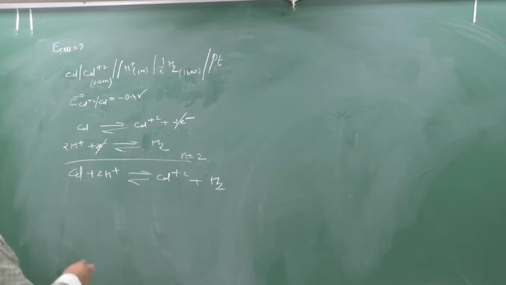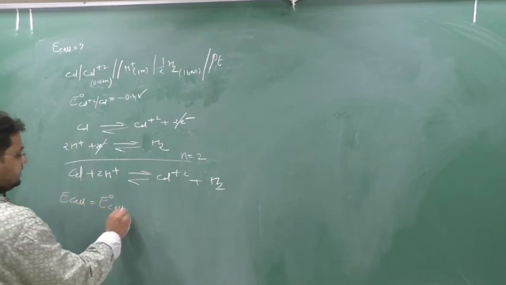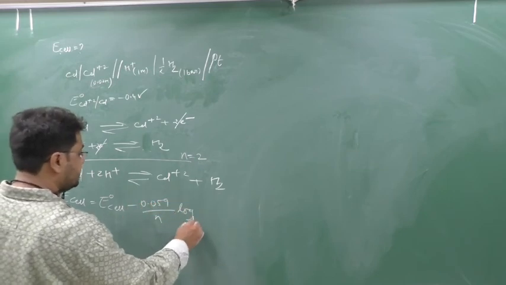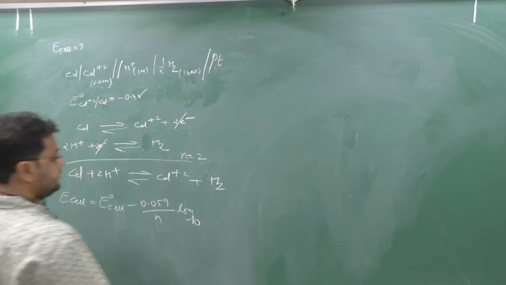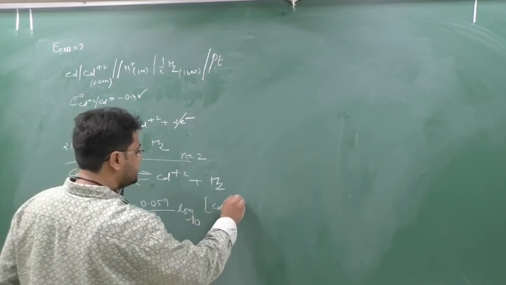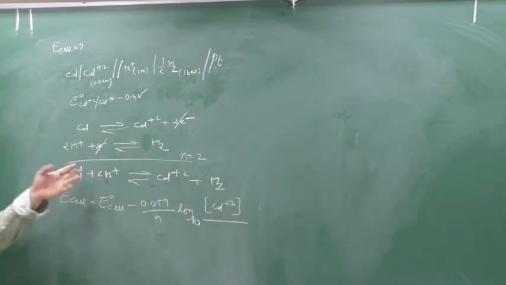Now the E cell Nernst equation. E cell equals E naught cell minus 0.059 upon n log to the base 10 concentration of product. Here the product will be Cd plus 2, over the concentration of reactant. On the reactant side we have hydrogen H plus, but there is a mole number, and I told you the number of moles will go in the power form.